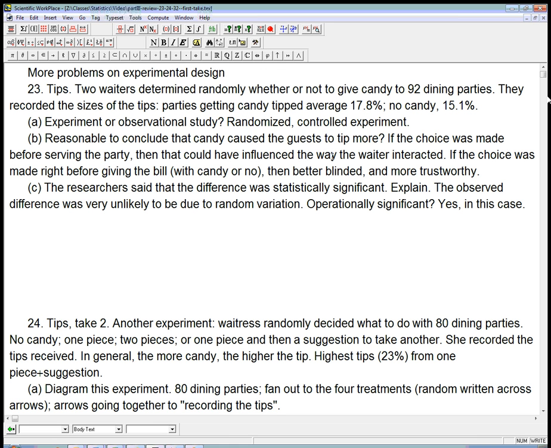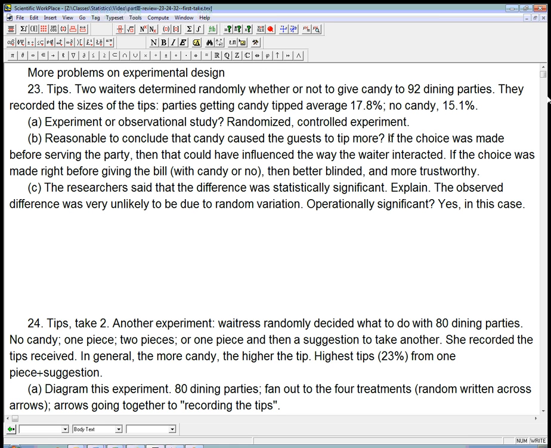One way to say that you should do the randomization after serving the party, instead of before, is that if you do the randomization before, you're introducing a confounding variable, which is that associated with whether you're giving the candy or not is the knowledge.